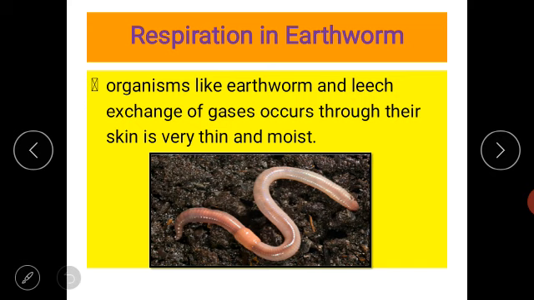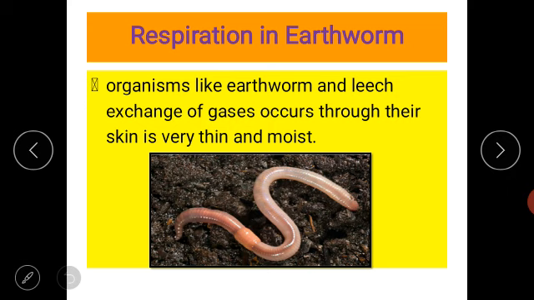Respiration in earthworm. Earthworm also carries out surface respiration, meaning the whole body surface of the earthworm is involved in the gaseous exchange. In organisms like earthworm and leech, exchange of gases occurs through their skin, which is very thin and moist.